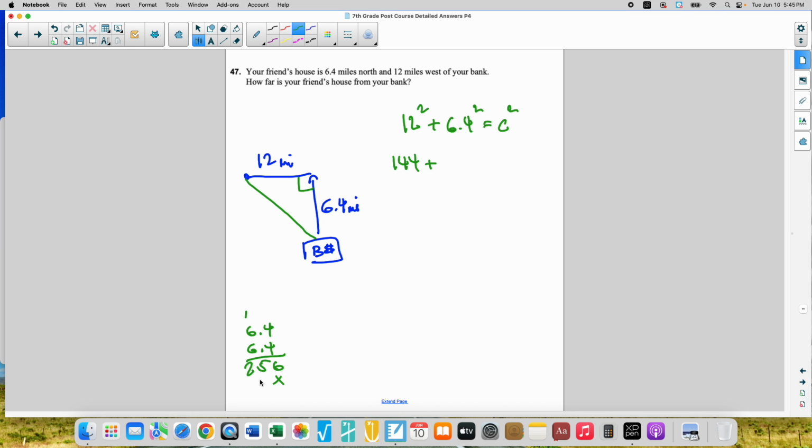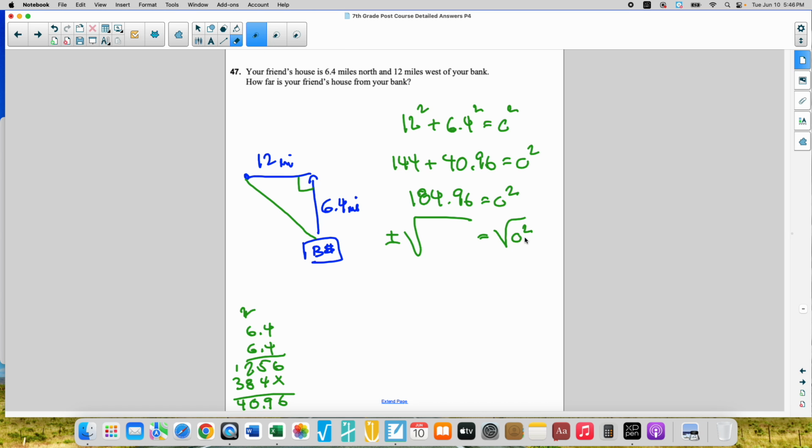Move a place value, 24. 36, 38. 6, 9, 10, 4, 2 decimal places. So that's 40.96. Let's add those together, and that gives us 184.96 equals c squared. We're going to take the square root. When we take the square root of a variable being squared, we need to include plus or minus.